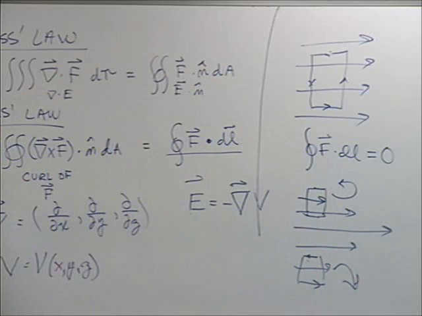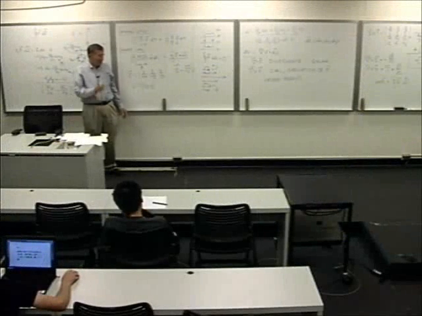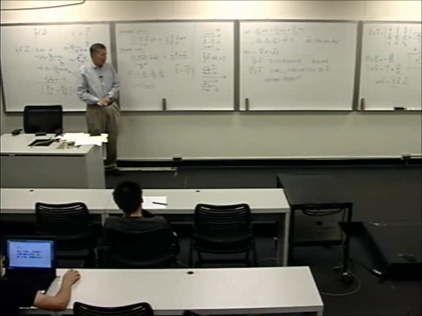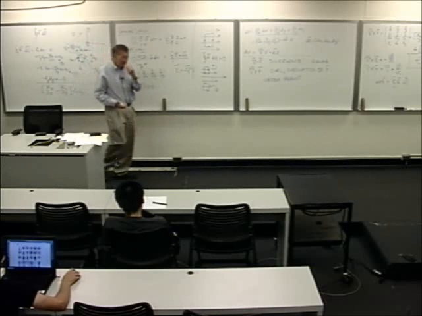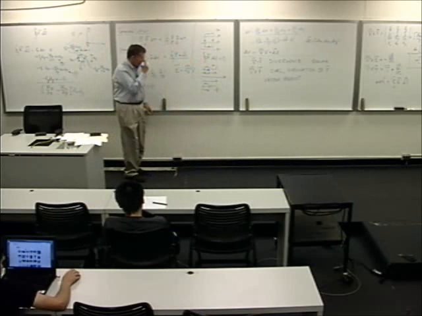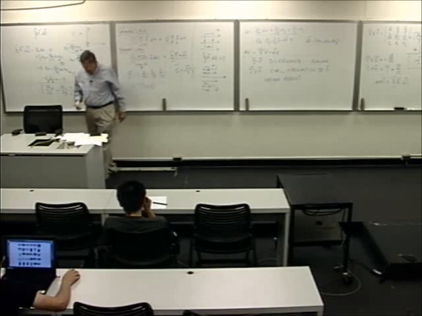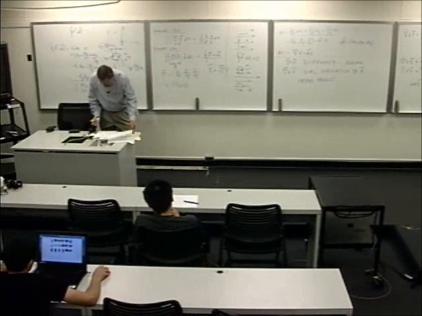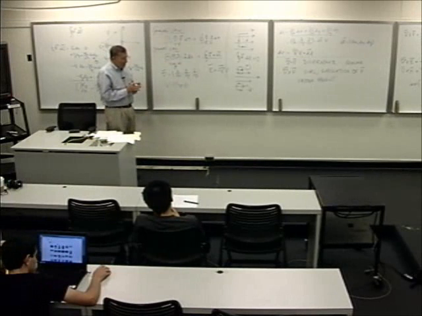What people sometimes do is imagine fluid flow and put a little paddle in the fluid, a little thing that will turn. If it spins, there's circulation in whichever direction it spins. So you've been introduced to the curl operator mathematically.